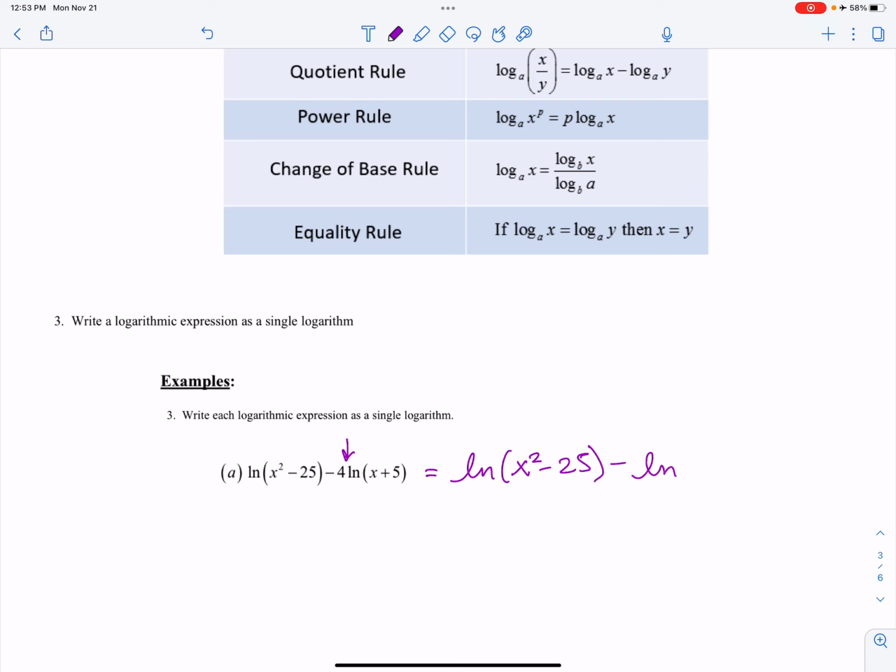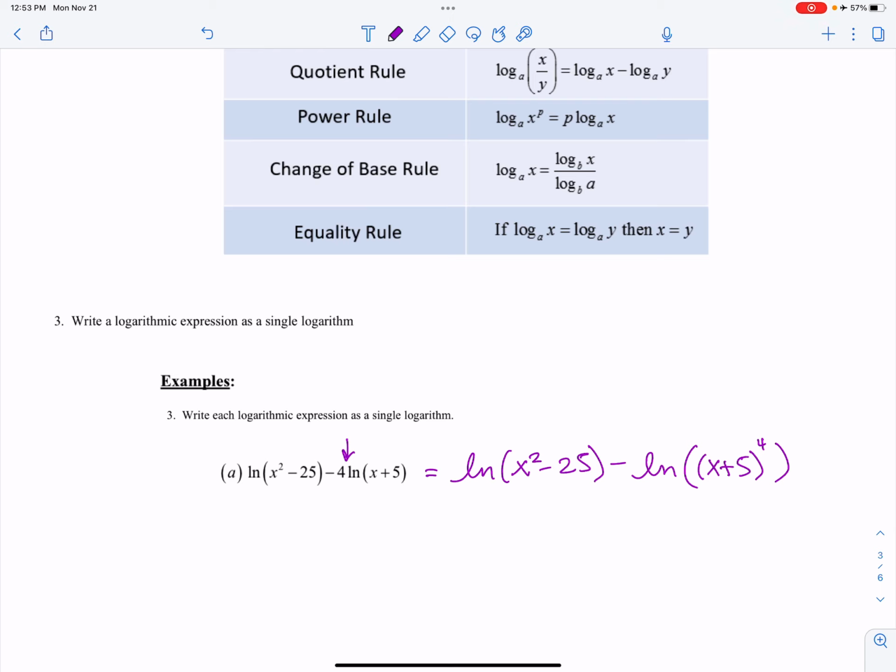So we're going backwards. I can rewrite it as what's inside my log raised to that number as a power. So we have x plus 5 inside of there, and I'm raising it to the 4th power. And it's still in the natural log. We've just used our power rule to put that number that's multiplying our log back up in its exponent place.